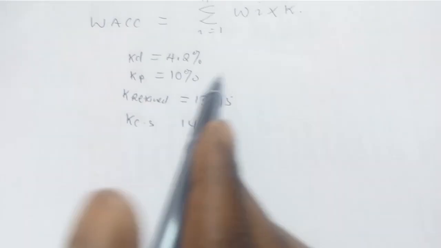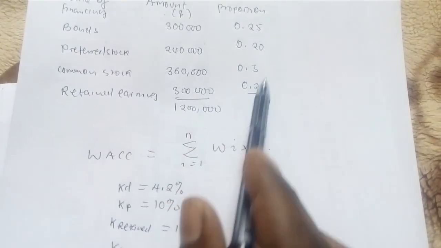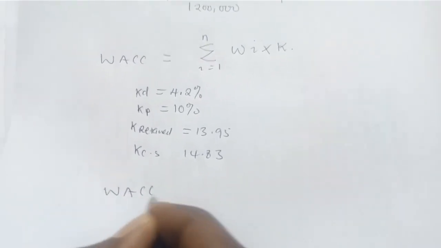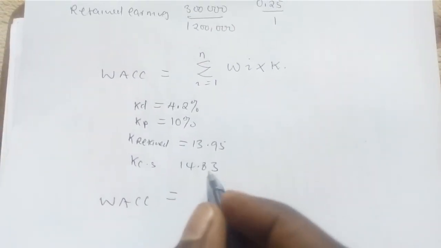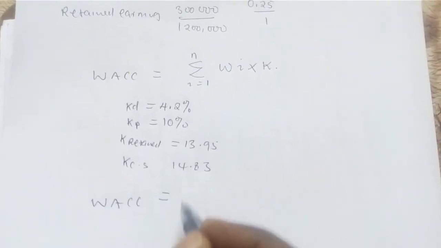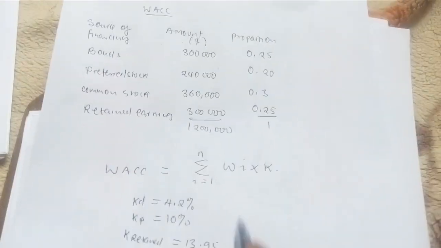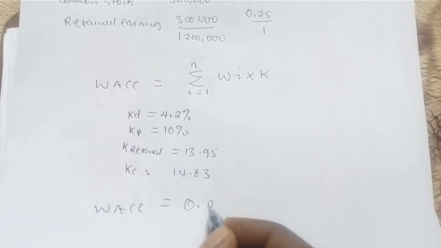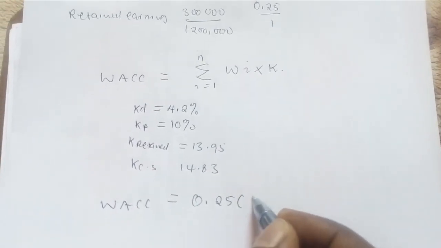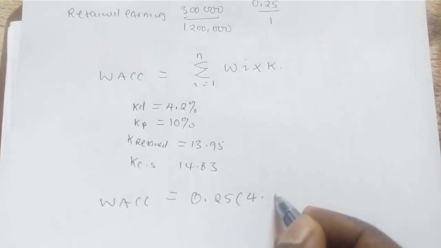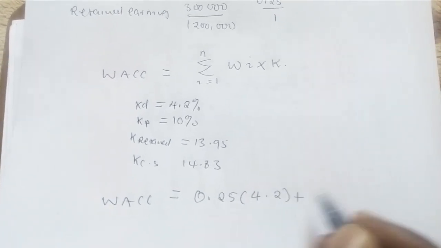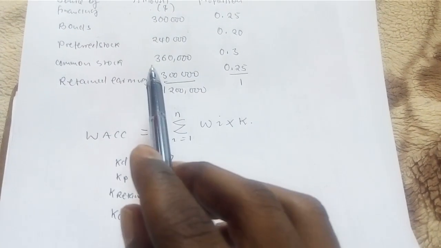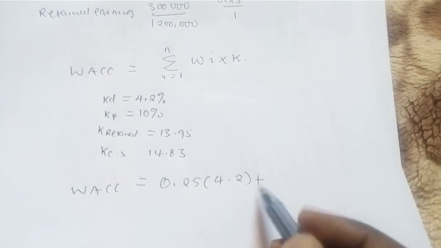Then having the cost and also having the weights here, we can easily compute the weighted average cost of capital, which is the weight of bonds. So in this case, it's going to be 0.25, which is multiplying by the cost of debt, 4.2, plus, then we go to the weight of preferred stock, which is 0.2.